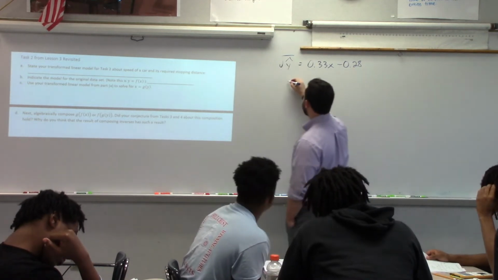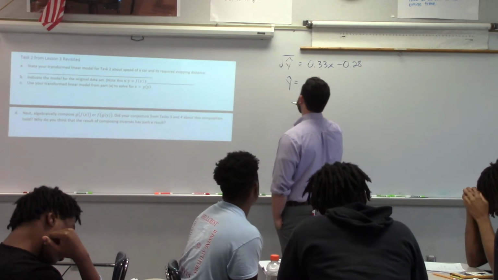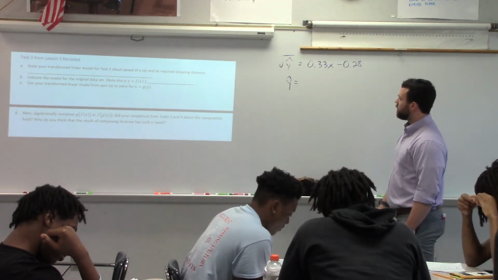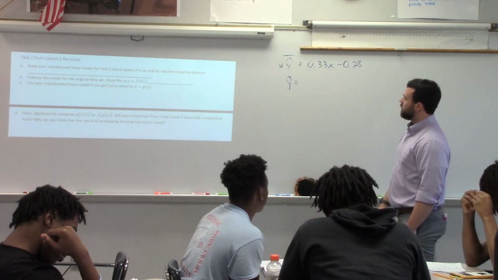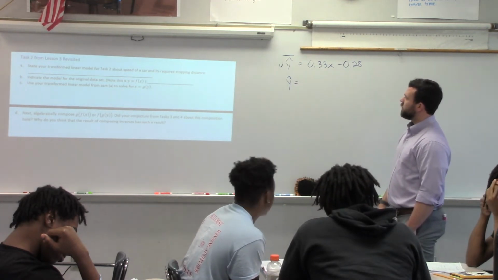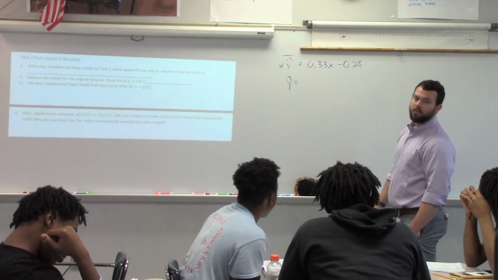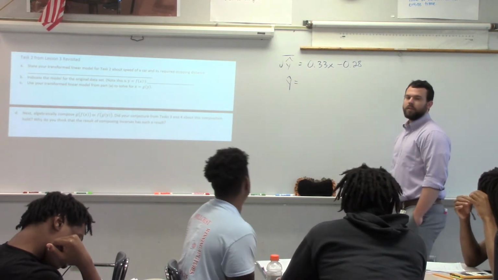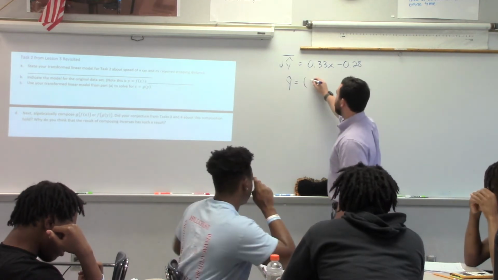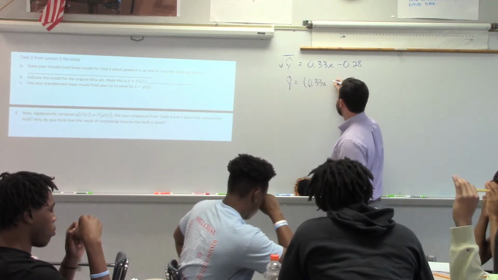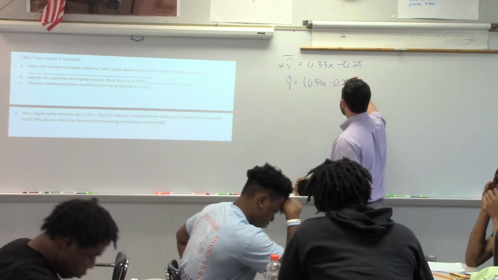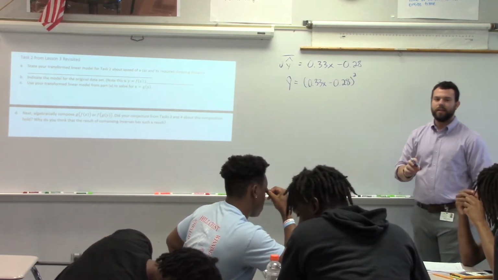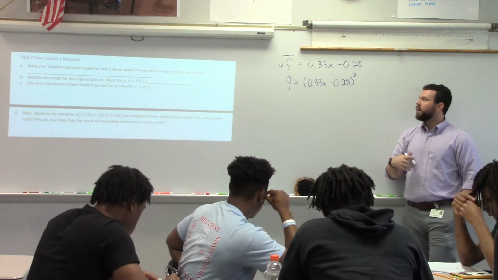So what is the model for Caleb's original data? Remember, we need the inverse of what's there. I don't have a logarithm, I have a square root, so I need both sides to be squared. One thing I will point out, because I've heard several students already today, and I think on Friday as well, say to use the inverse.